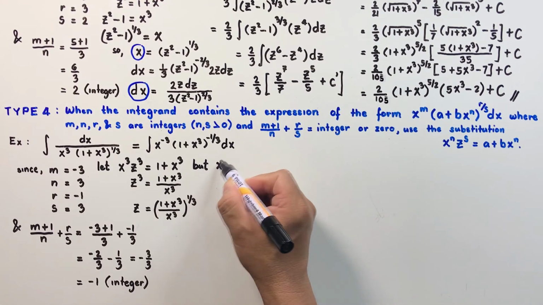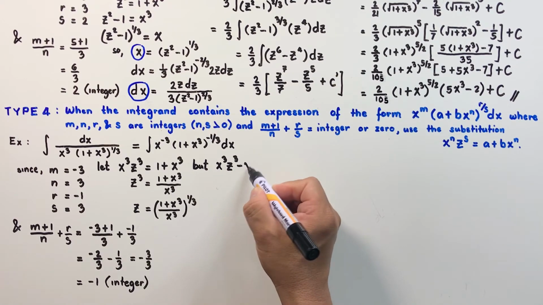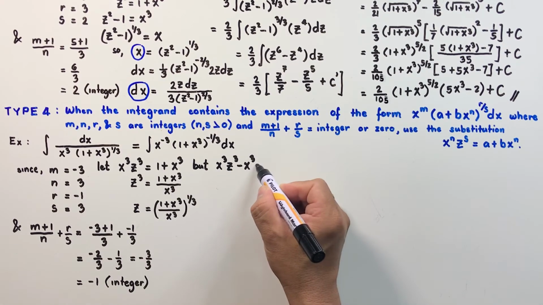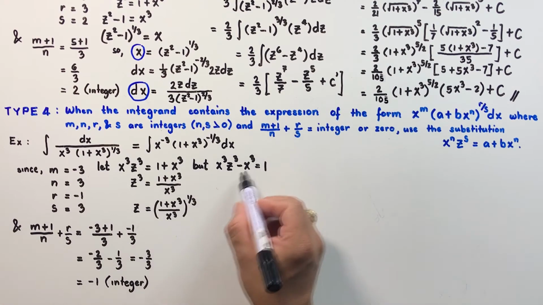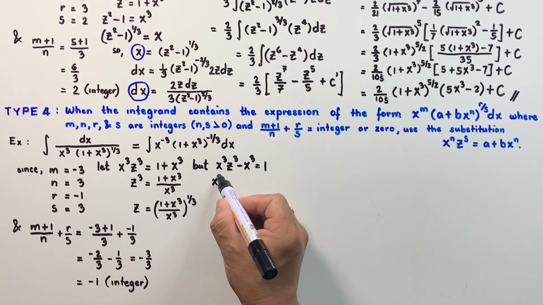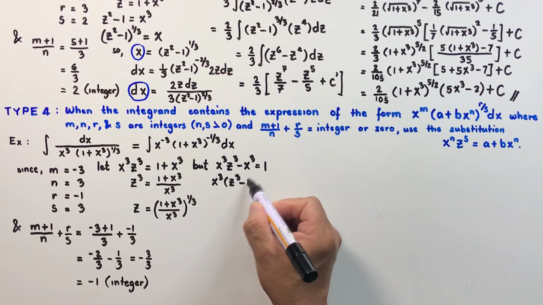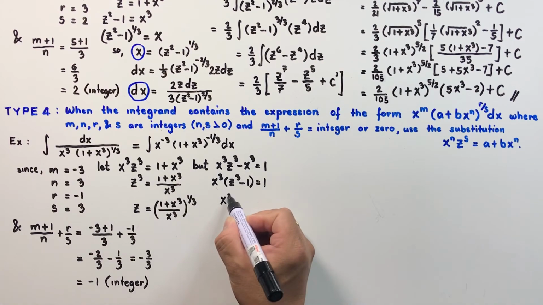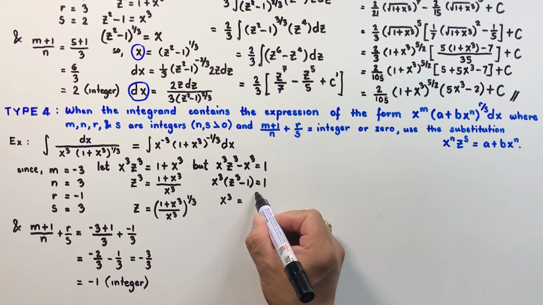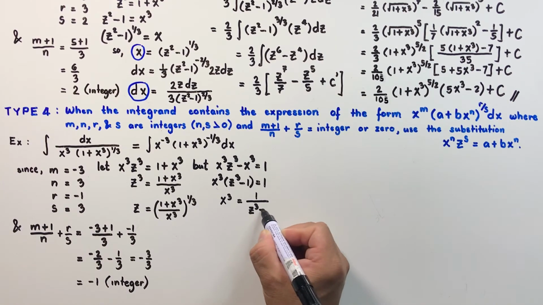So we have x cubed times z cubed minus x cubed, and the difference is equal to 1. So factoring the common factor here, we have x cubed times the binomial of z cubed minus 1. So therefore, our x cubed is equal to 1 over z cubed minus 1.